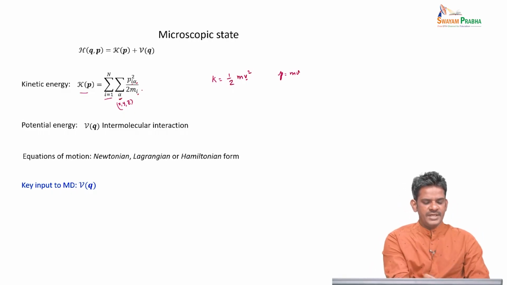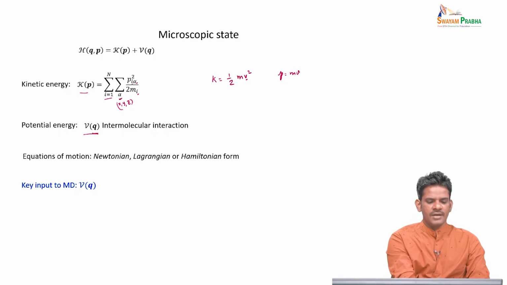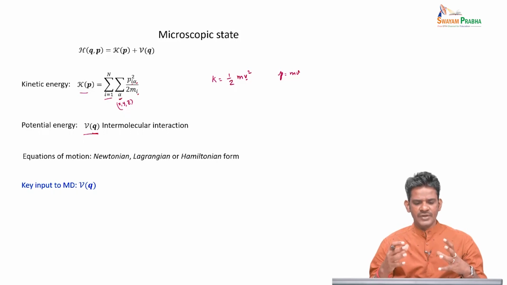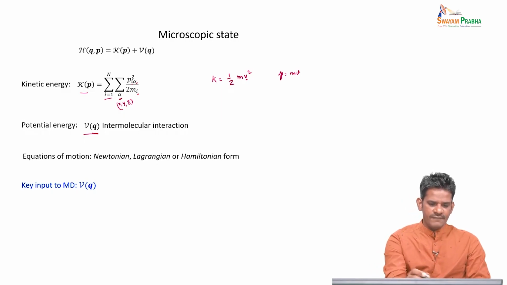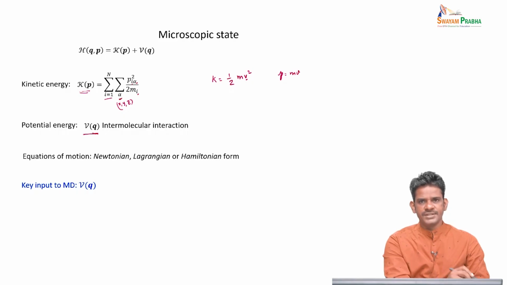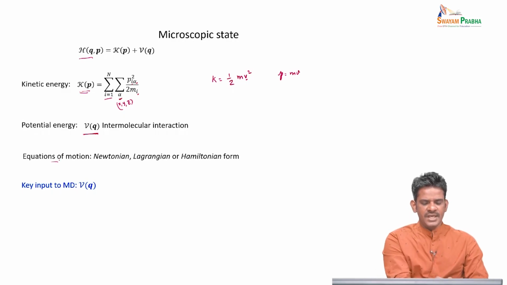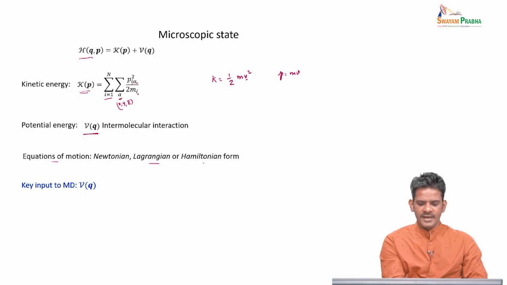And similarly, the potential energy is given by this V of q, and this basically encodes all the intermolecular or interatomic interactions between the constituent atoms. So once we have described the kinetic energy and the form of potential energy V of q, then we have the total energy. With this prescription, now we are ready to write the set of equations of motion in any of the following frameworks, namely Newtonian or Lagrangian or Hamiltonian.